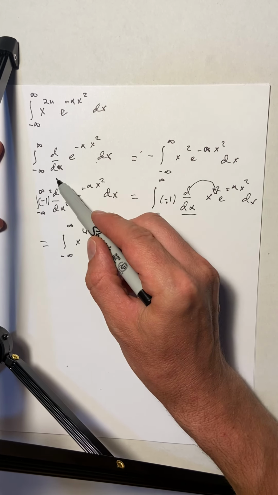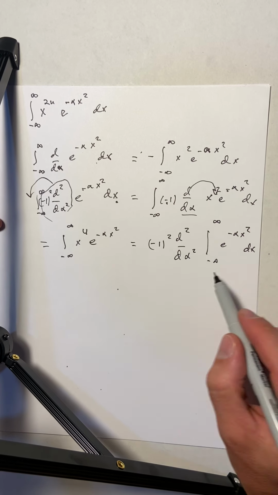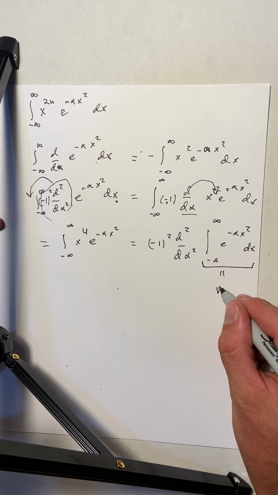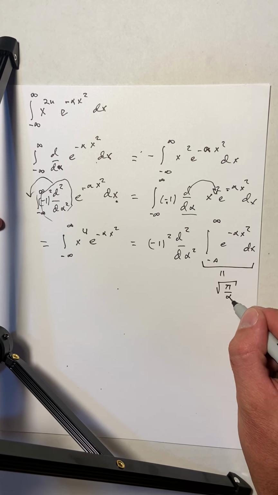So I could write this, for instance, as minus 1 squared d squared/d alpha squared of the integral from minus infinity to infinity of e to the minus alpha x squared dx. Well, this is the usual Gaussian integral, simply equal to the square root of pi over alpha.